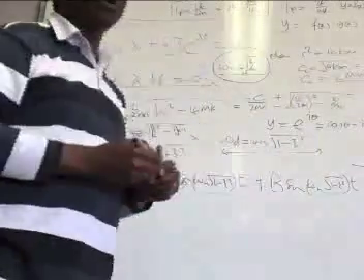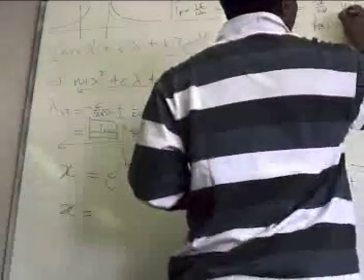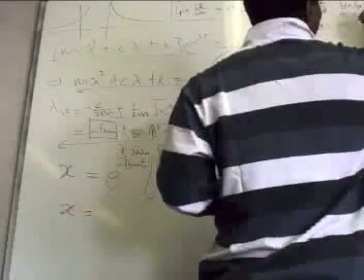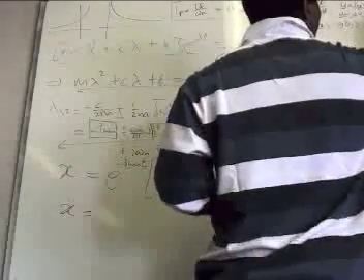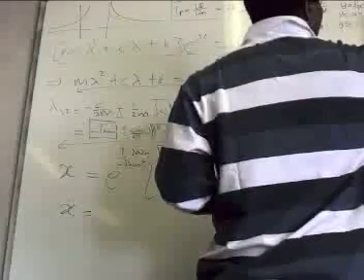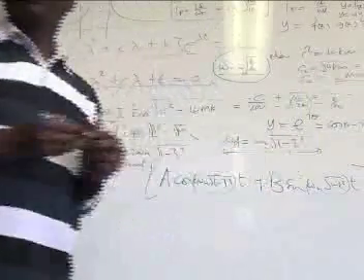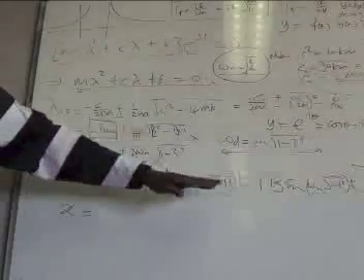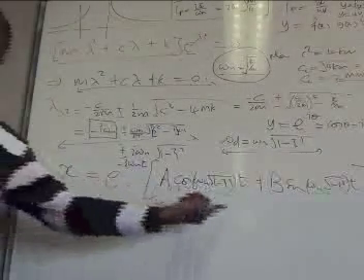Okay? Or famously, we normally say y is equal to uv. Then we say what? y dot is equal to u v dot plus v u dot. Okay? We do that in maths. So we have this term and that term.